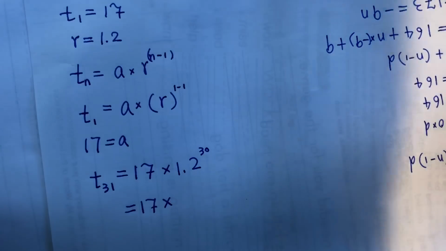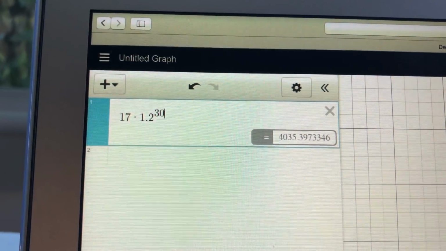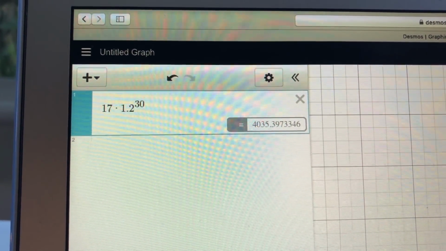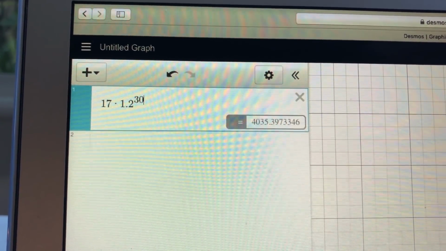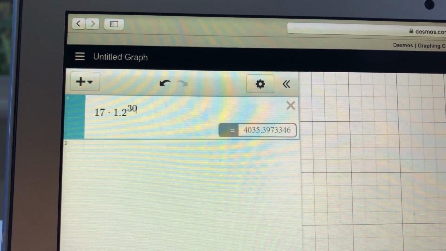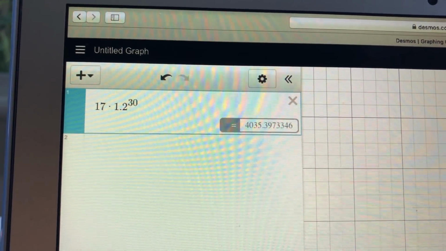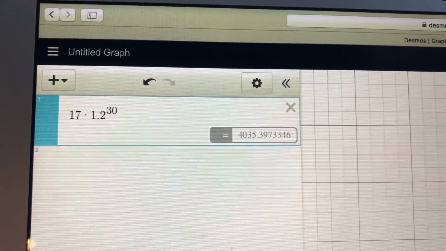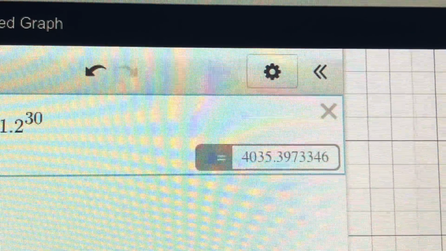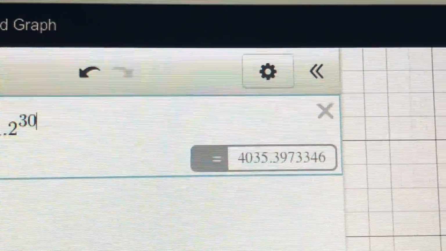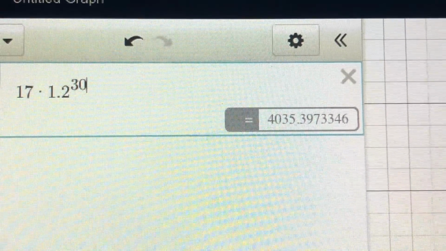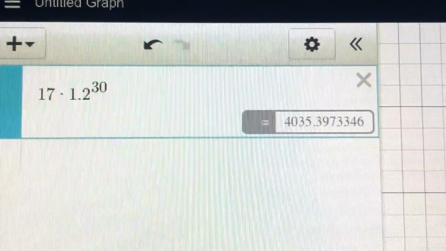Okay, I have done the calculation. I forgot to videotape it, so you will not see me clumsily putting in the numbers. But the result is pretty clear: 4,035.397. So term 31 is this.